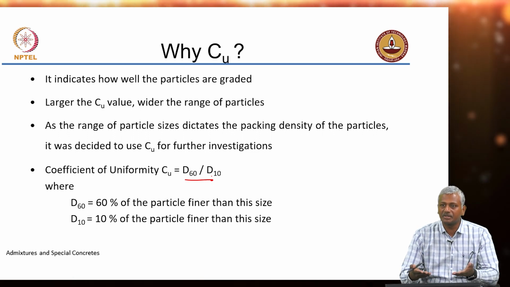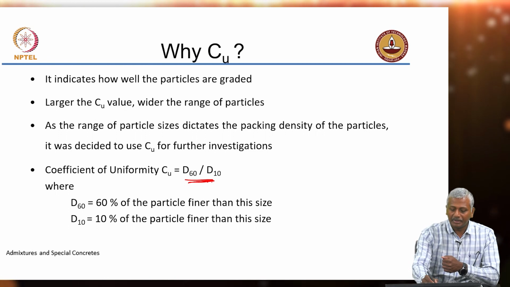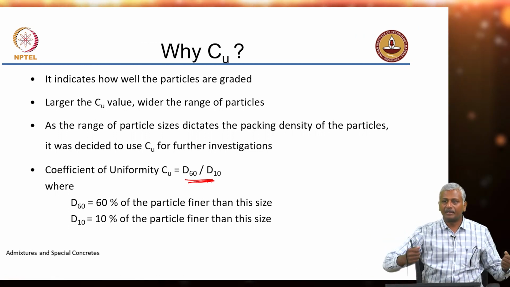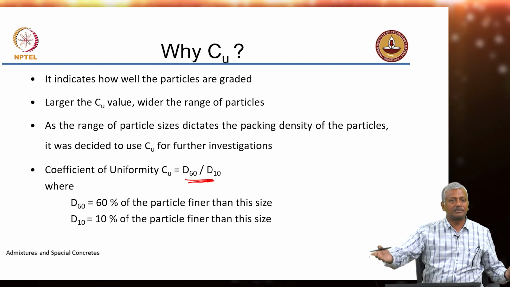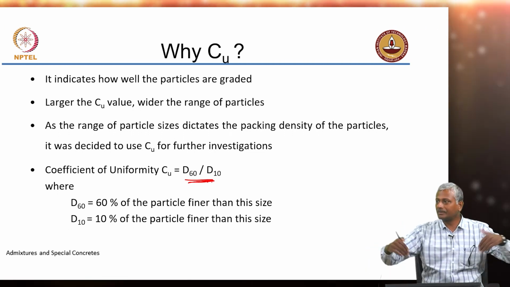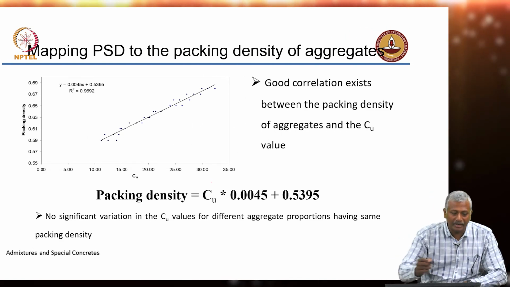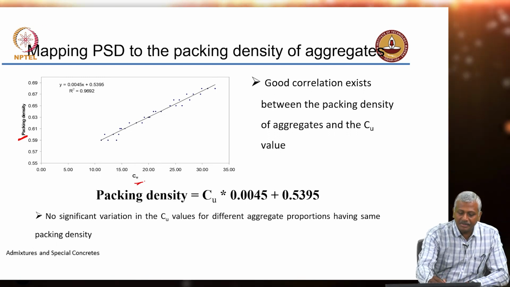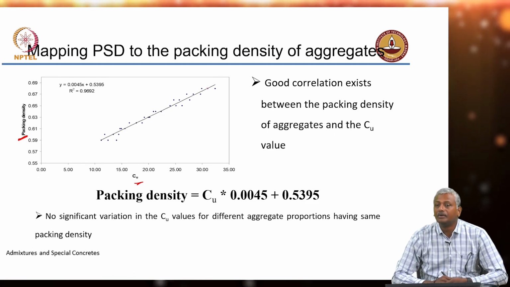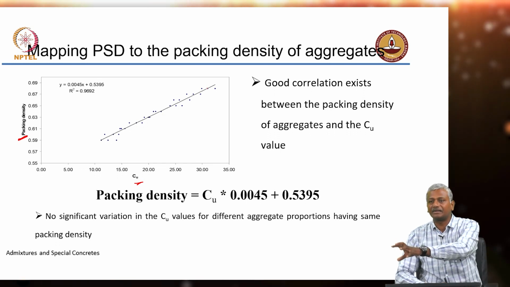The assumption here is that the higher the coefficient of uniformity, the more the range of particles in the system. The more the range of particles, going back to our particle packing understanding, the greater the extent of packing. So that is the idea we were trying to look at, calculating packing density based on coefficient of uniformity, and we got a fairly good correlation to describe the best possible combination for the aggregate that we have.